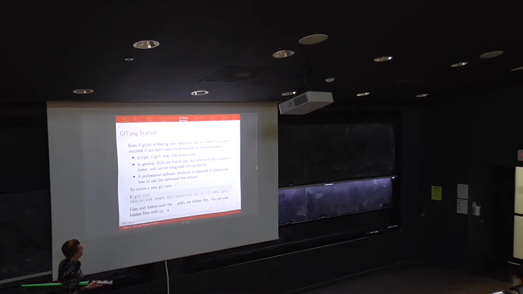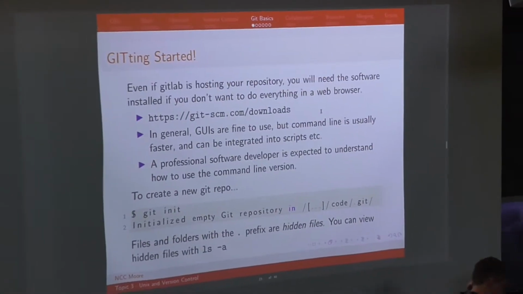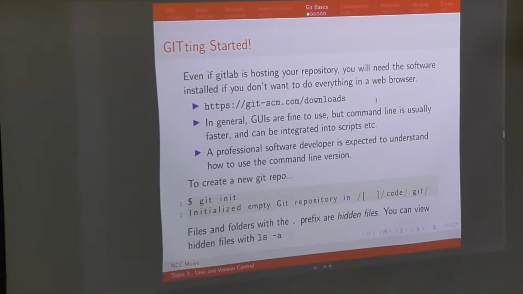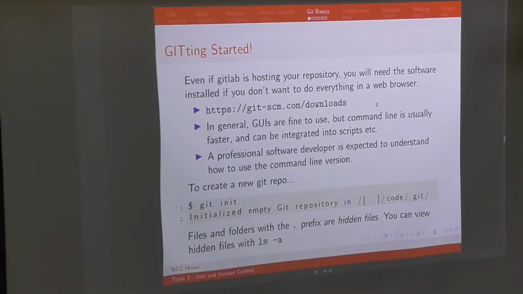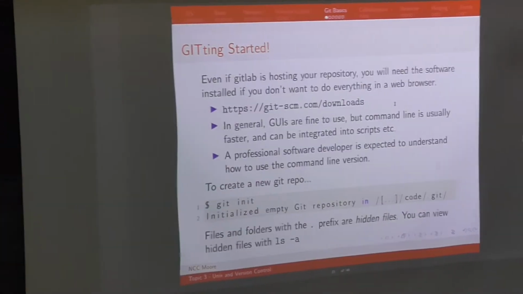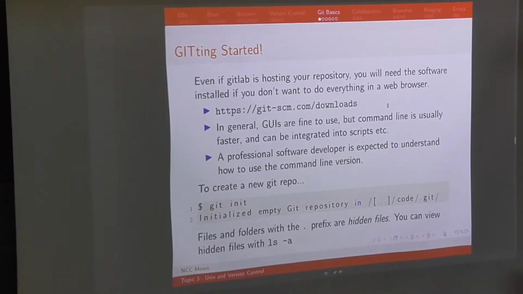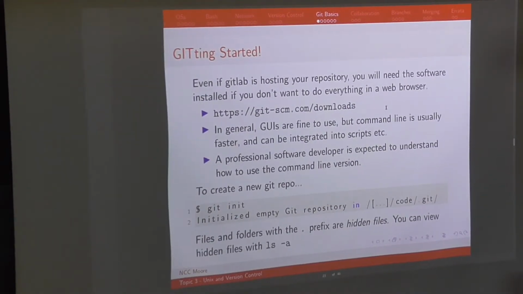So even if you have GitLab or GitHub hosting a repository and all you need to do is to download that repository, there's kind of a distinction between a distributed repository and a single instance of a repository that you keep on your own machine.